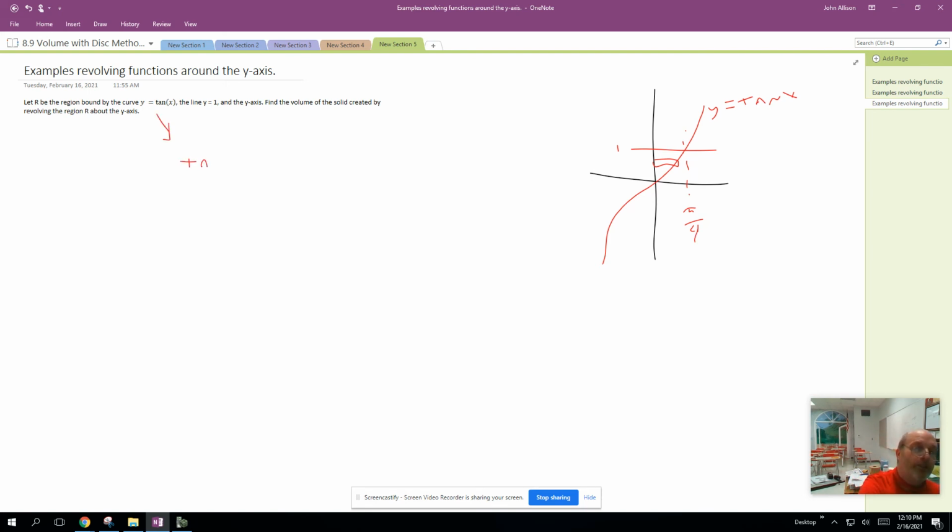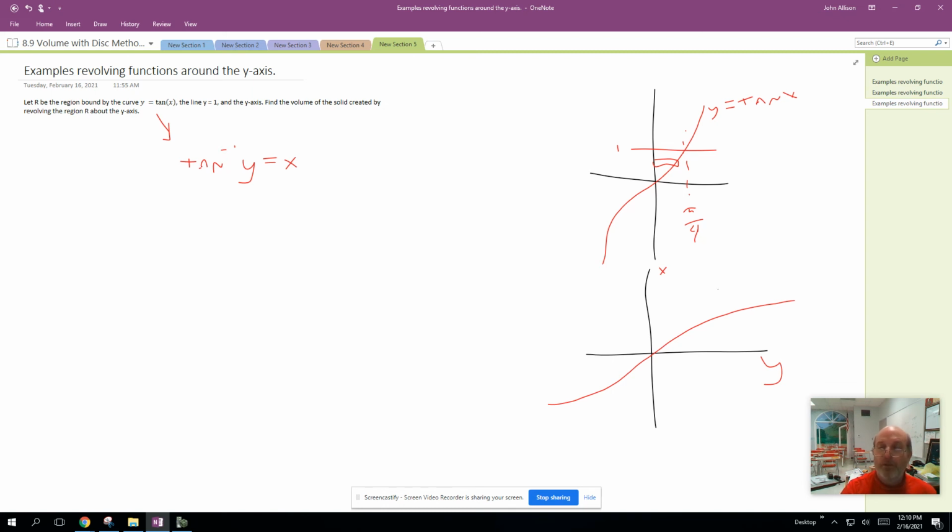We get tangent inverse y equals x, solving for x. Then we're going to invert our axes so it makes it a little more clear to us. When we flip that, make this the y-axis and this the x-axis, we get the graph x equals tangent inverse y.